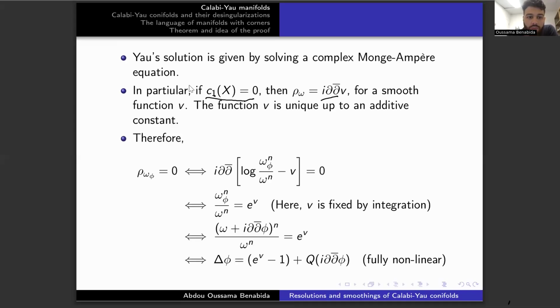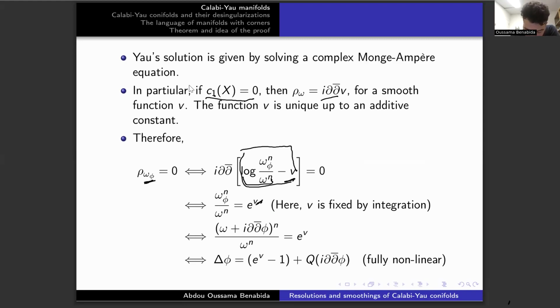And therefore, if we want to find some omega_phi whose Ricci form is equal to zero, then by what we said, the difference of the Ricci forms is i∂∂̄ of the logarithm of the quotient of the volume forms minus V, which should be equal to zero. And this means that what we have here is a constant, and we can fix V by integration.